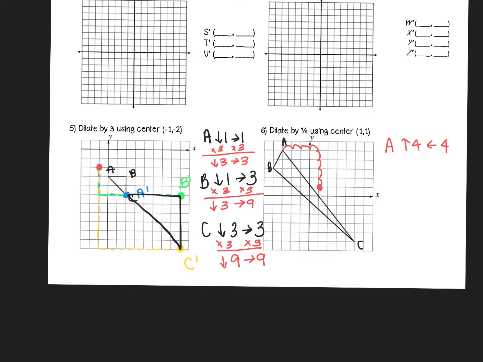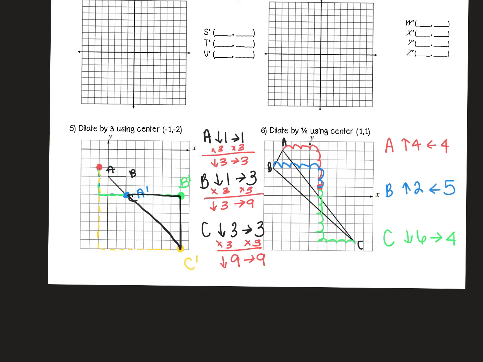Then I'm going to count to B, so I'm going up 1, 2, left 1, 2, 3, 4, 5. And then for C, I'm going down 1, 2, 3, 4, 5, 6, and right 1, 2, 3, 4.